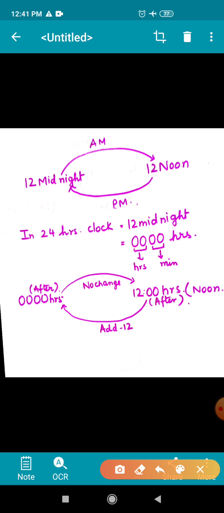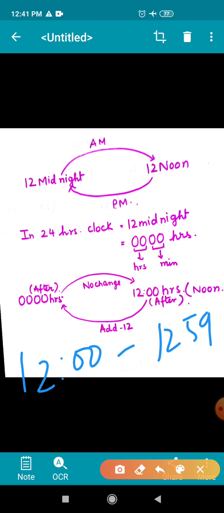And children, the time between 12 midnight to 12:59. To convert this time in 24 hours clock, we simply subtract 12.